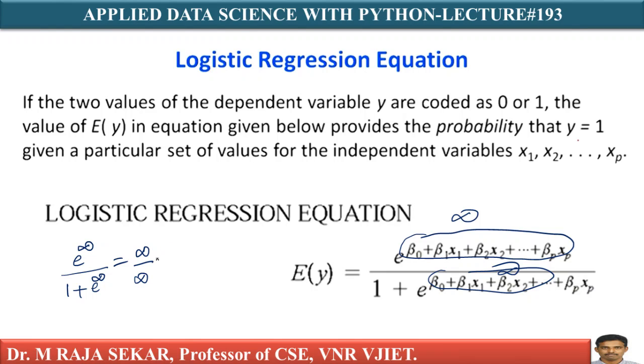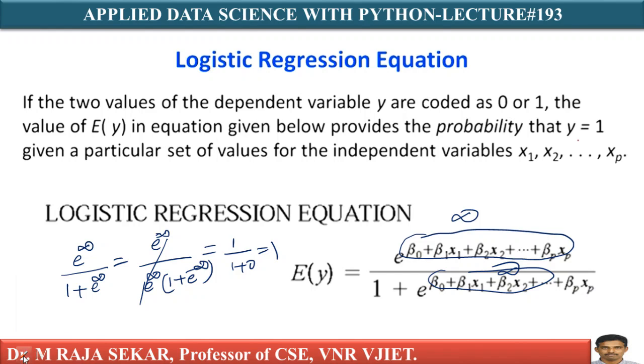This is an indeterminate form. In that case, what do you have to do? If it is an indeterminate form, just take e power infinity common: 1 plus e power minus infinity. E power minus infinity means 0, so 1 by 1 plus 0, I can say 1.